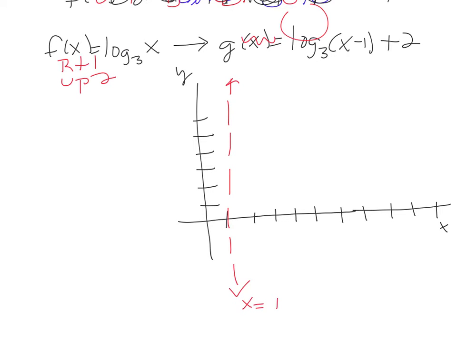Okay, so you could put this in your calculator. You could graph it. So I have when x is 2, y is 2, x is 4, y is 3, x is 10, my y is 4.